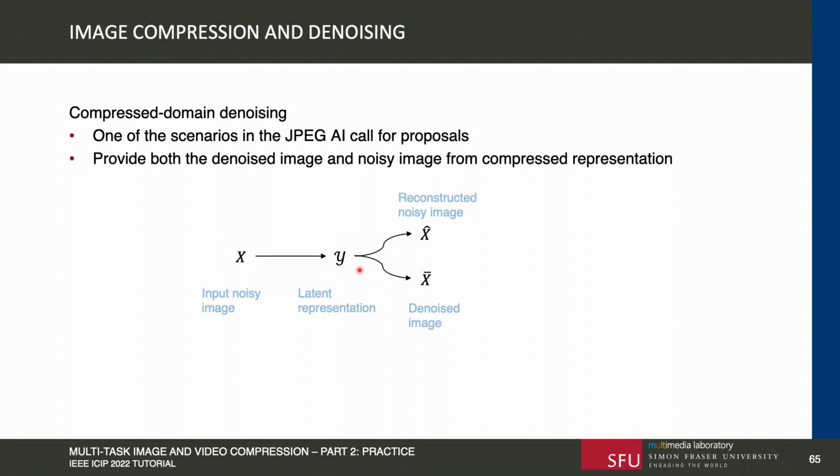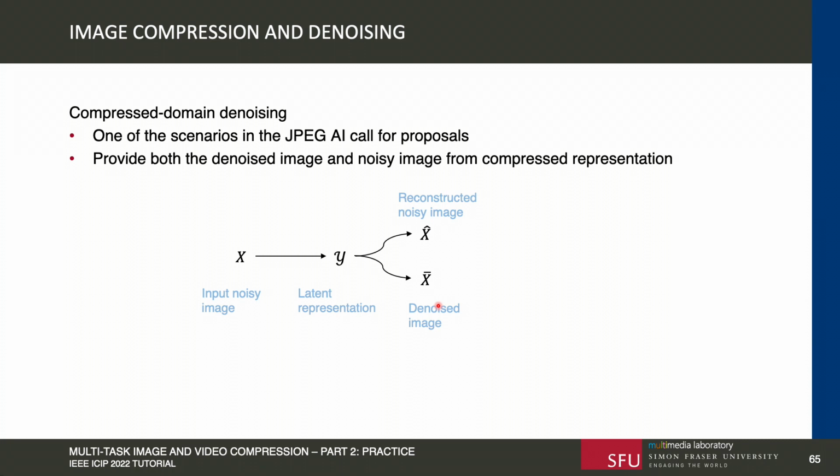So the same latent representation is supposed to facilitate the recovery of a noisy image as well as a denoised image. So there's no obvious machine vision task here, but nonetheless we can analyze this situation using the same tools we've developed so far.